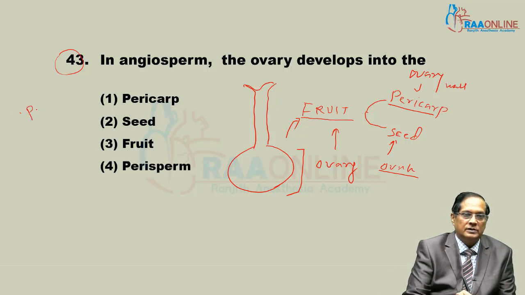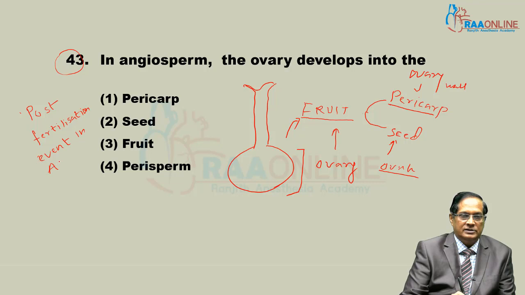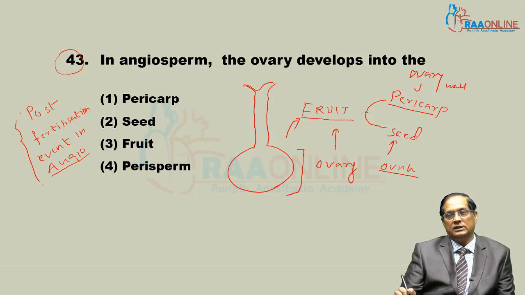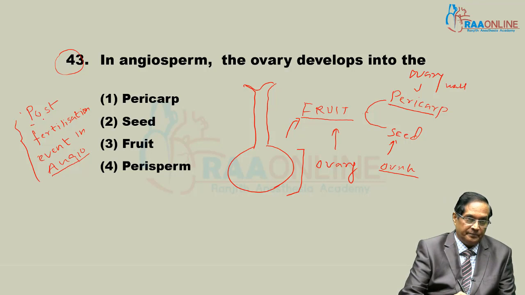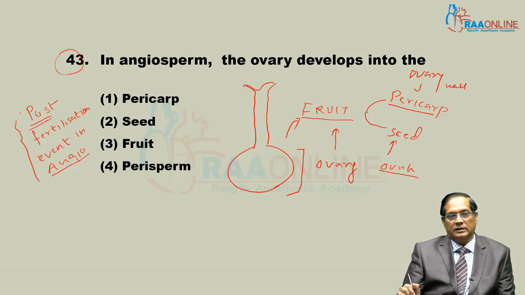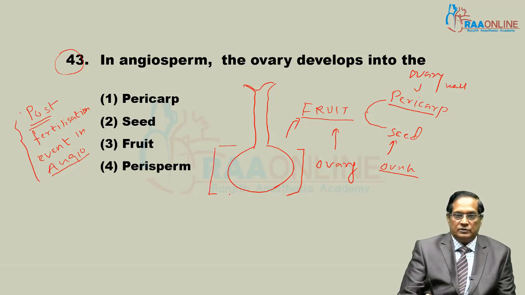Formation of fruit is a post-fertilization event in angiosperm, right? And second, the ovary develops into fruit.